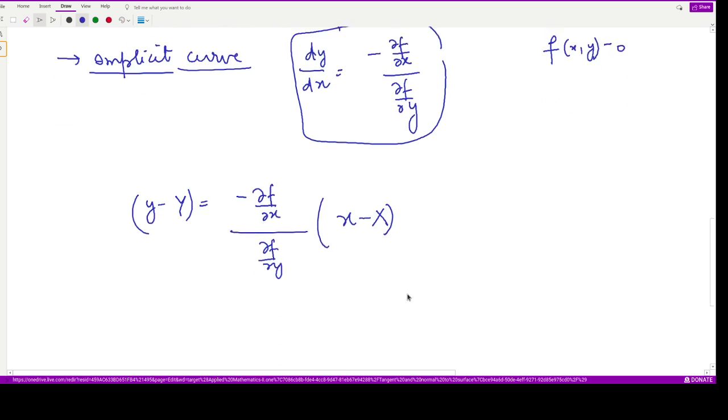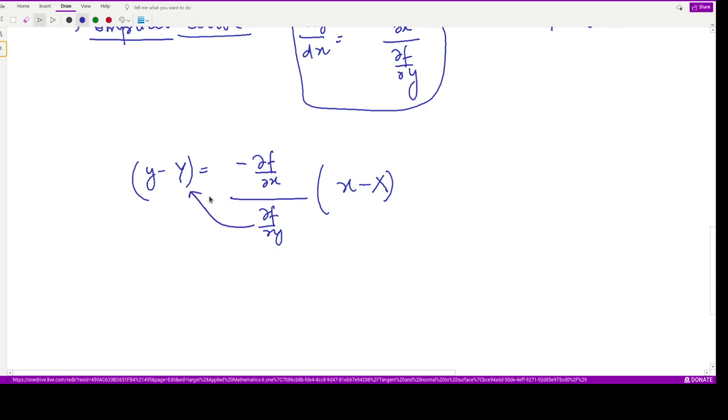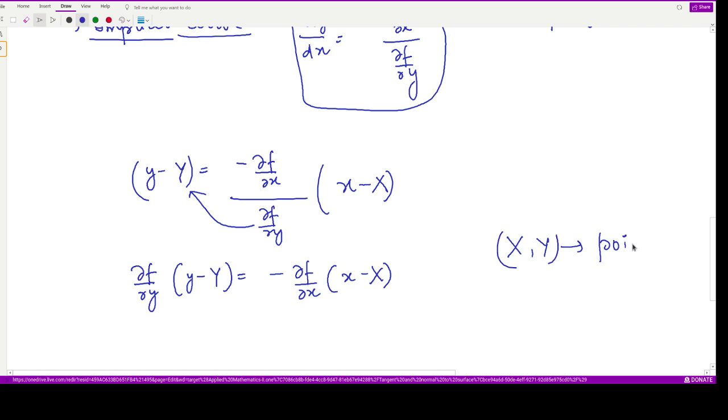So you could simplify this. You could shift this term to the left-hand side. So you'll have del f by del y into y minus capital Y is equal to minus del f by del x into x minus capital X, where this capital X and capital Y is the given point.